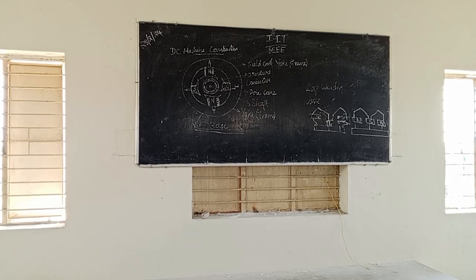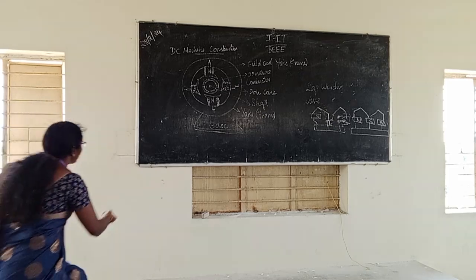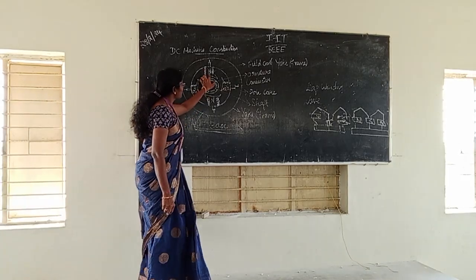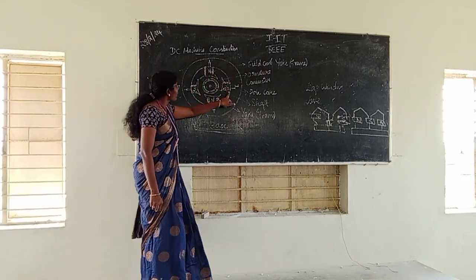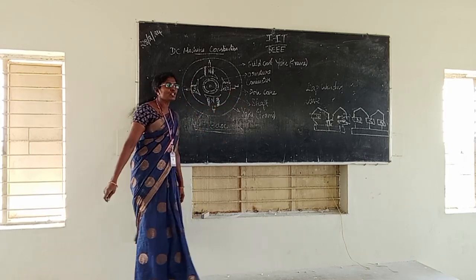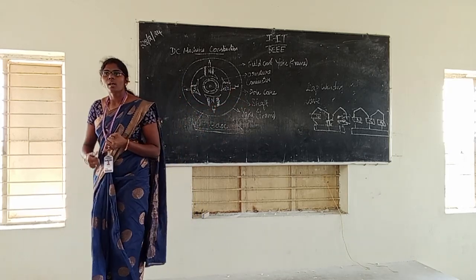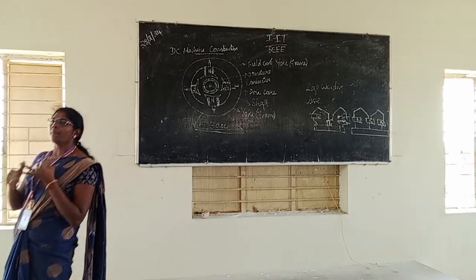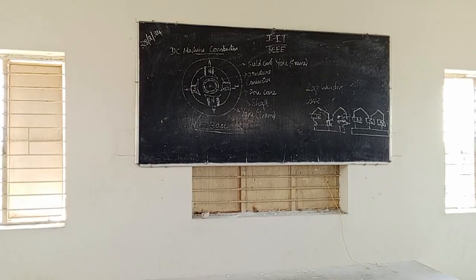Three main parts. One is the pole core. I have drawn here the pole core, and this is the pole shoe. The three main parts of the field winding: one is the pole core, another is the pole shoe, and the other is the field coils on the pole core.